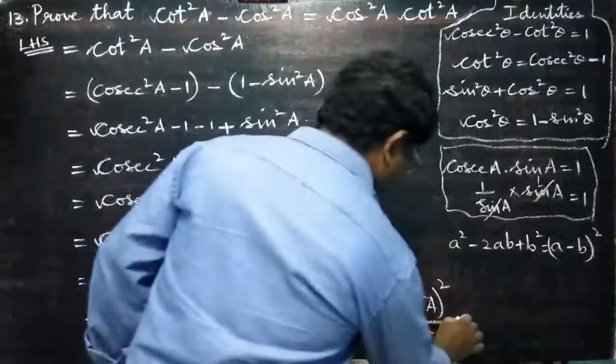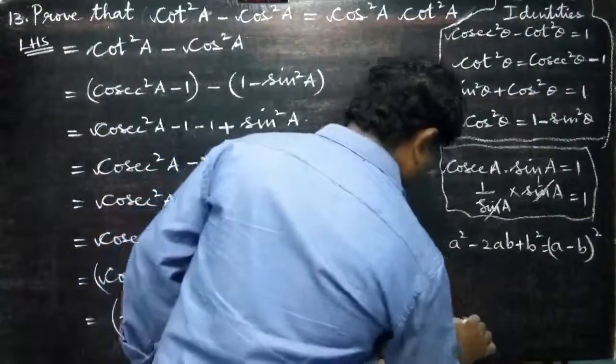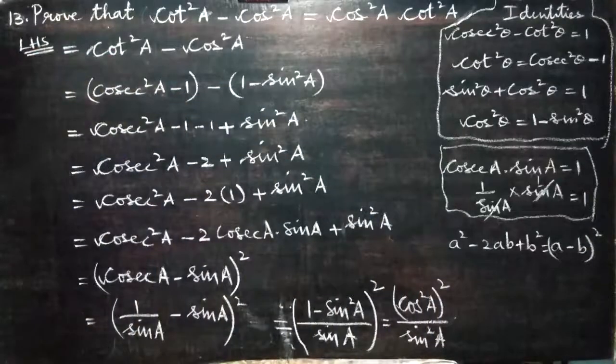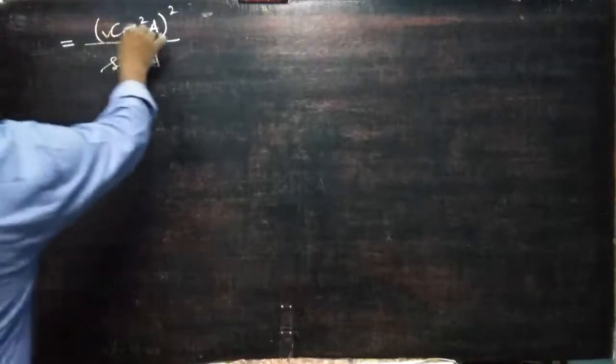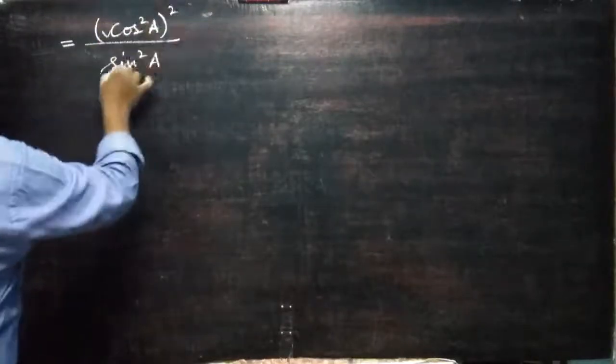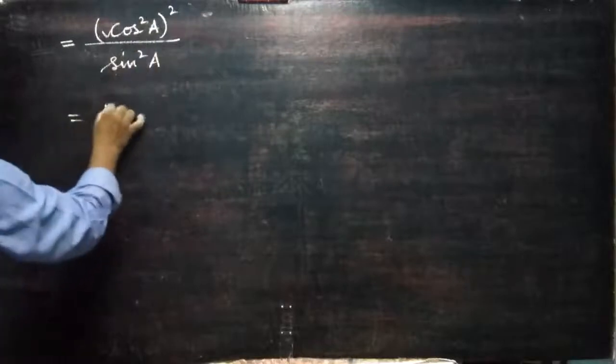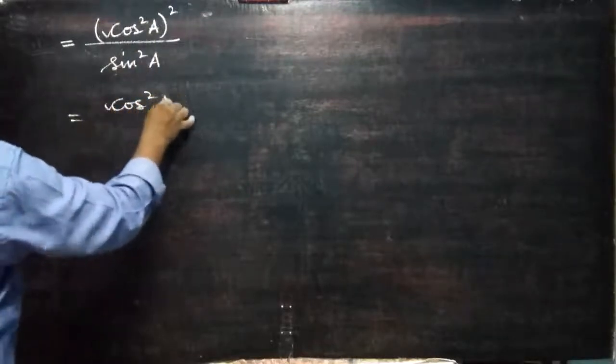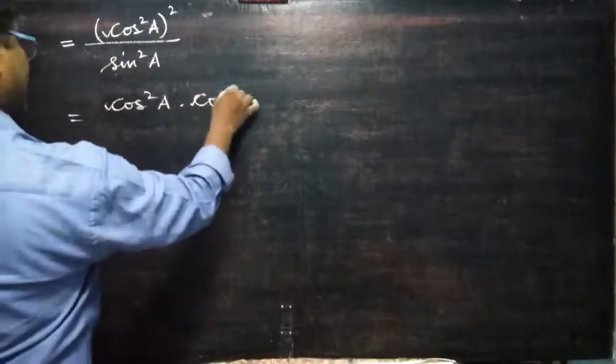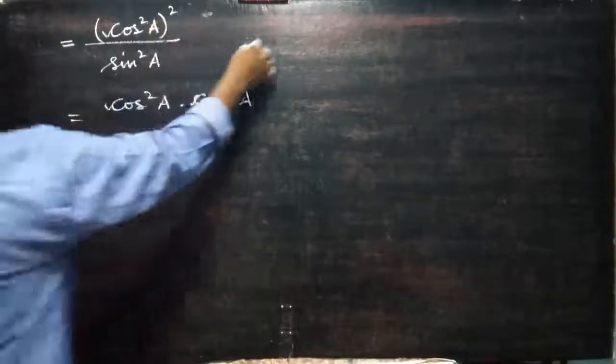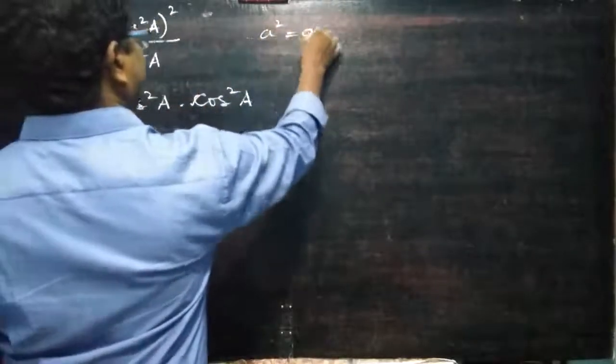I'll do it clearly for your understanding. Now cos square A whole square by sin square A we can write as cos square A into cos square A. Square means that only. What is the meaning of A square?